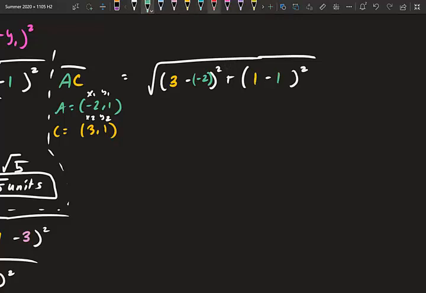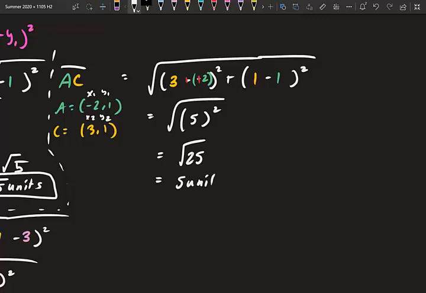All right, let's simplify. That becomes plus plus. So we have 3 plus 2 is 5 squared. 1 minus 1 is 0, so I'm not going to put that. You might remember same power, same index rule, but let's keep going if you don't. So we have 5 squared, which is 25, and that just comes out to 5 units. So AC is 5 units long.